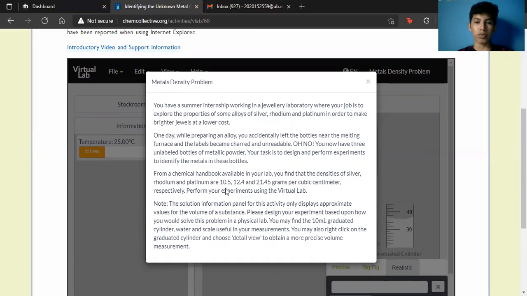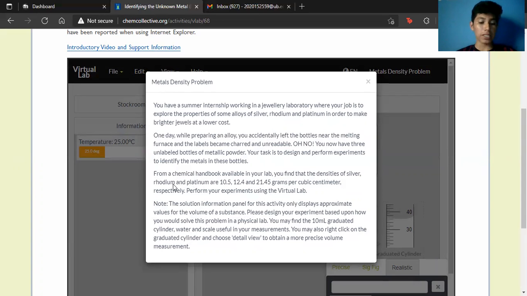Now I did the other two metals, and for metal number 2, I got a density of 11.63, which is pretty close to 12.4. Closest, which would be rhodium. So metal number 2 is rhodium.